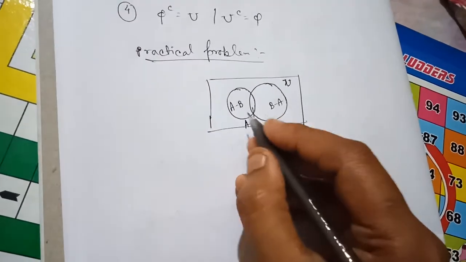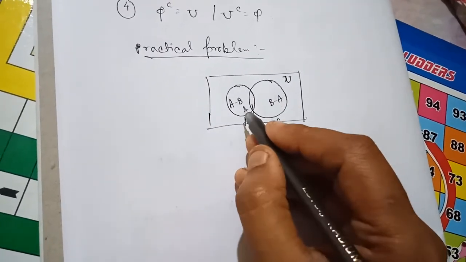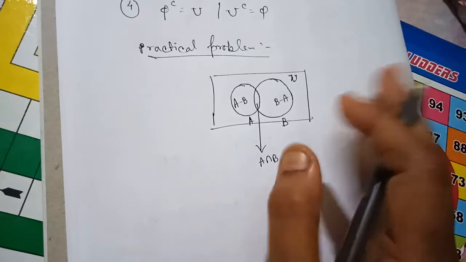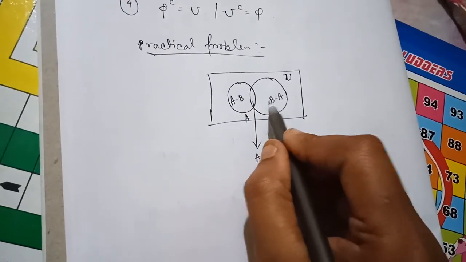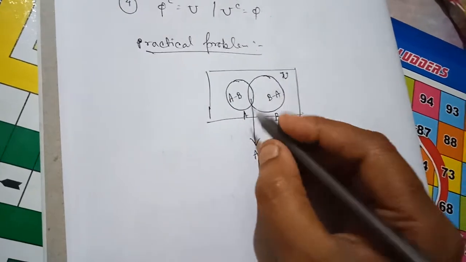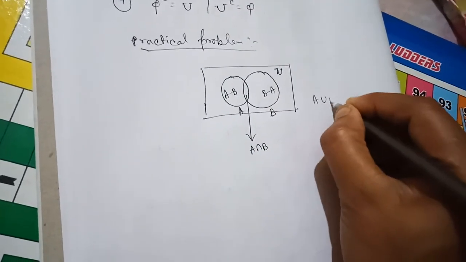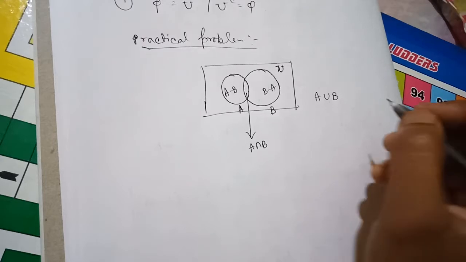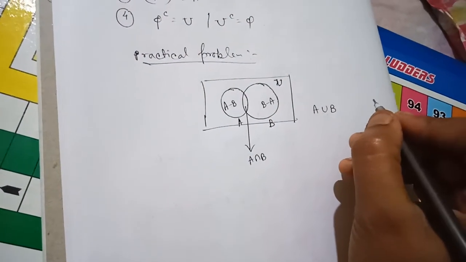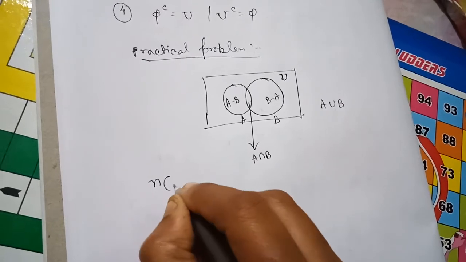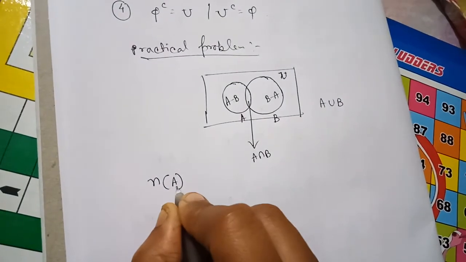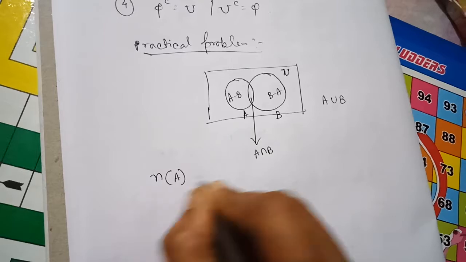From this you can see that if we add these three parts, we will get the whole A union B. Now there is a term, N of A. Suppose the set is A, so what is N of A?